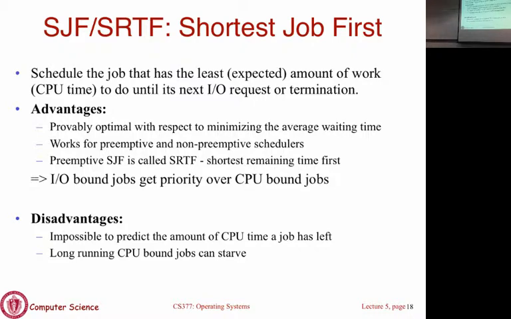Now the short job may finish, but when the CPU scheduler runs again, if another short job has arrived in the system, again that short job gets favored. So there's a constant stream of short jobs coming in. The long job is just going to sit there because there's always something that is better from the CPU scheduler's perspective, a shorter job. So this long job may never get to run, it will starve.